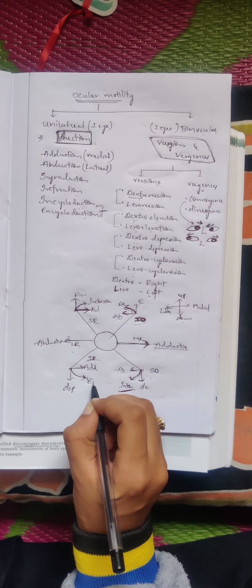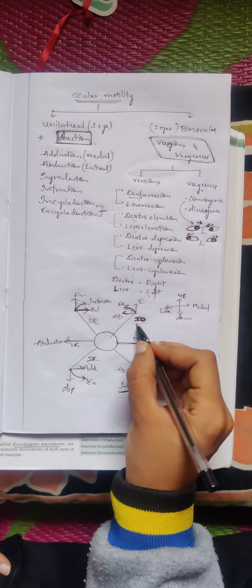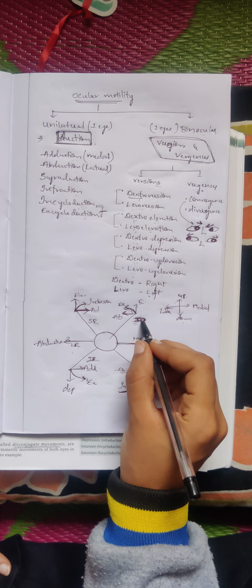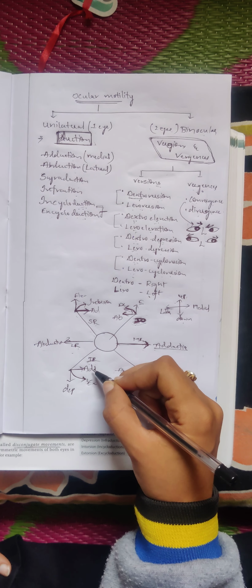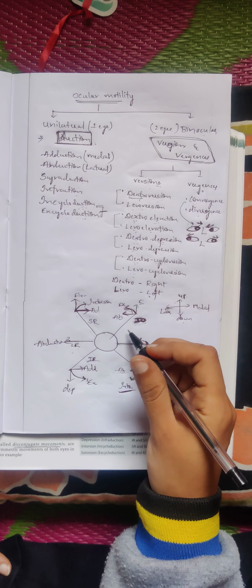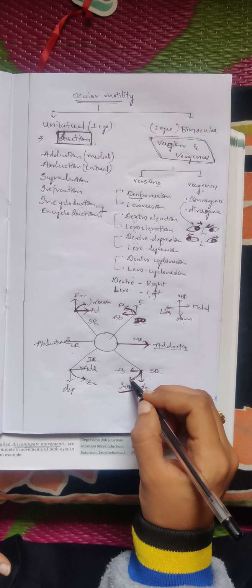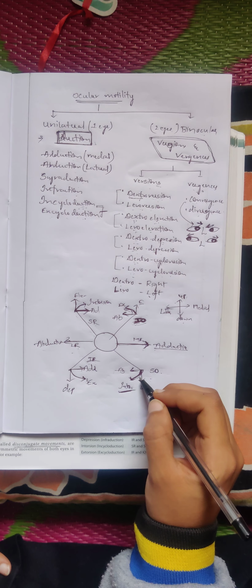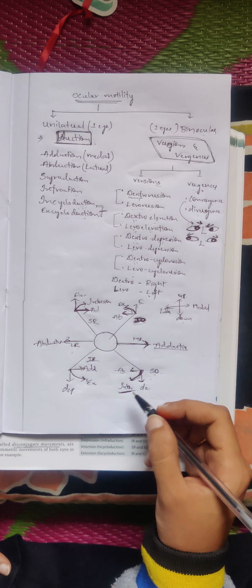So it is extorsion. So it can be inferior rectus or inferior oblique. So focus on inferior. When you look at the inferior muscles, inferior oblique and inferior rectus, the rotational direction is extorsion, right? And when you look at the superior, it can be superior oblique or superior rectus, but rotation wise it is intorsion.